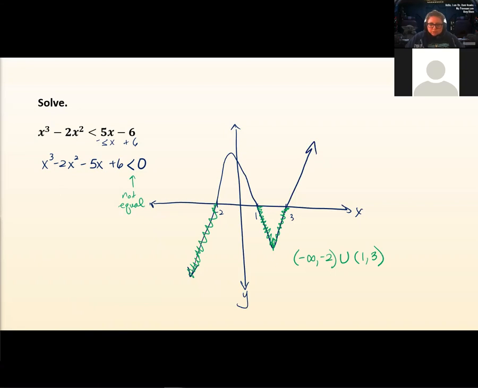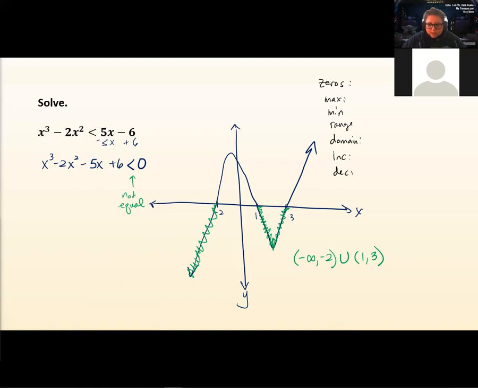Okay. Now, if we wanted to use this one to find other things like zeros, max, min, range, domain, increasing and decreasing, we can do that too, right?